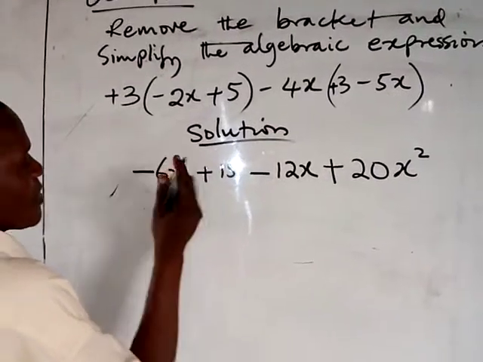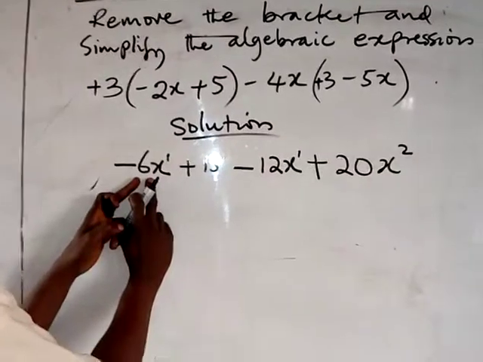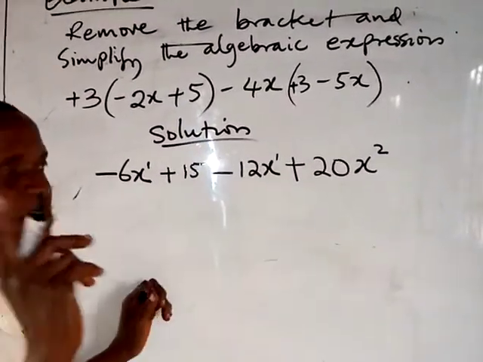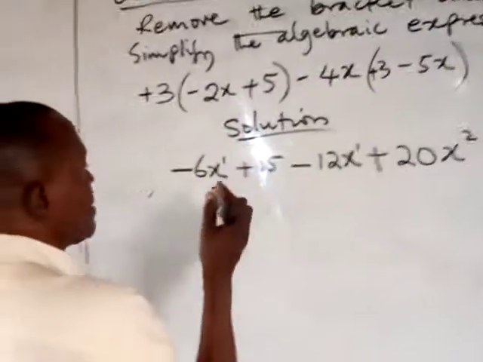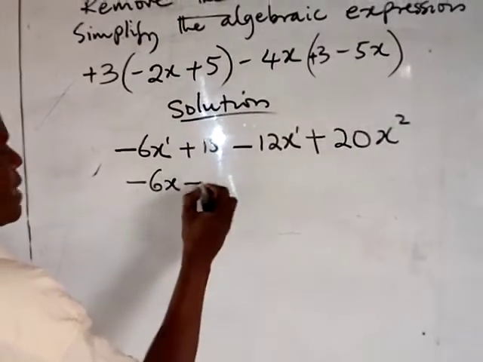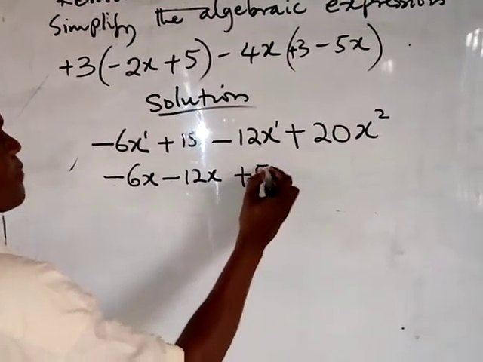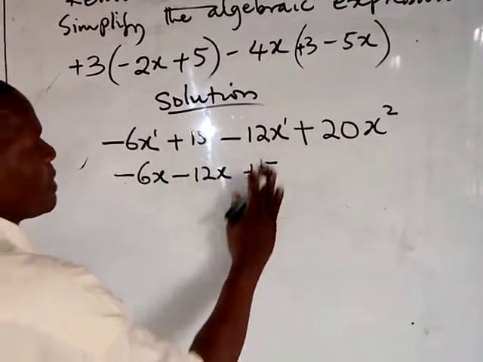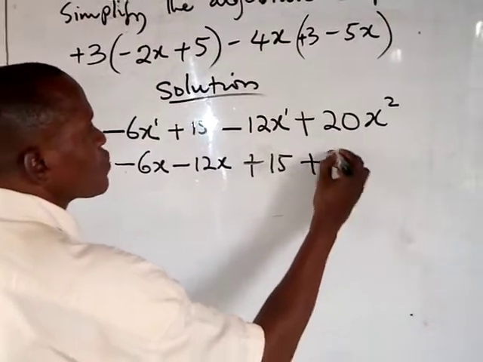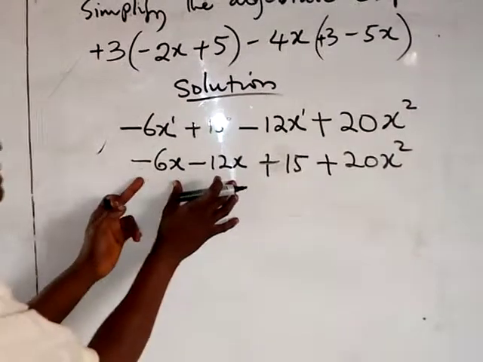So since there is nothing here, just know that there is a degree 1 there. So this minus 6x and minus 12x raised to power 1, they are in the same degree. So I'll collect the like terms. That is minus 6x minus 12x plus 5 plus 15 plus 20x squared.